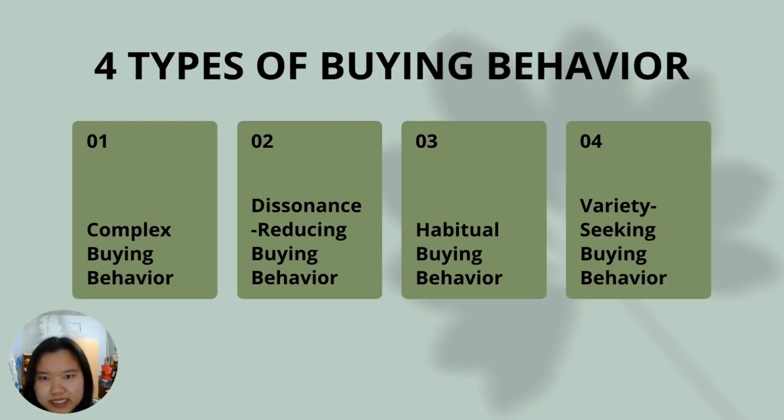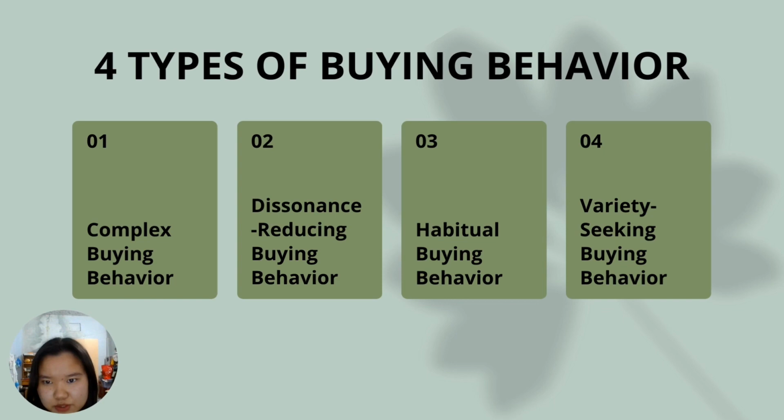There are four types of buying decision behavior. Complex buying behavior is consumer buying behavior in situations characterized by high consumer involvement in a purchase and significant perceived differences among brands. The second one is dissonance-reducing buying behavior. It occurs when consumers are highly involved in an expensive or risky purchase but see little difference among brands.